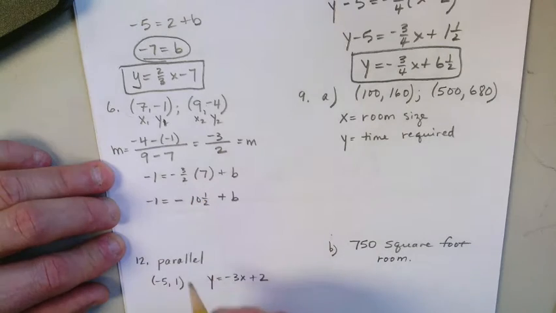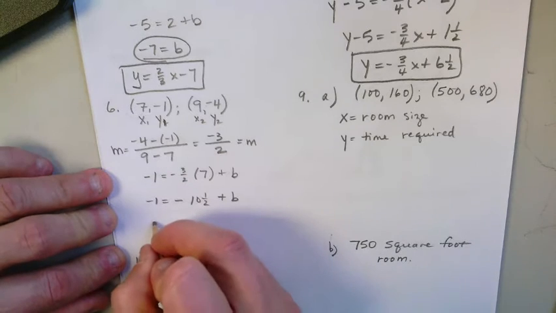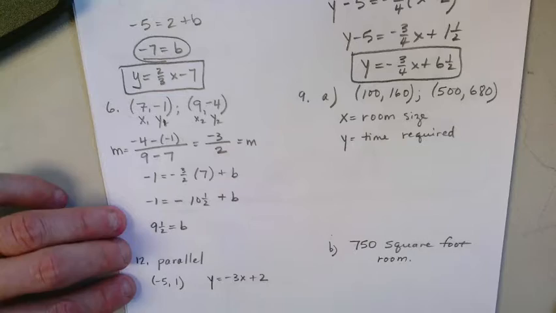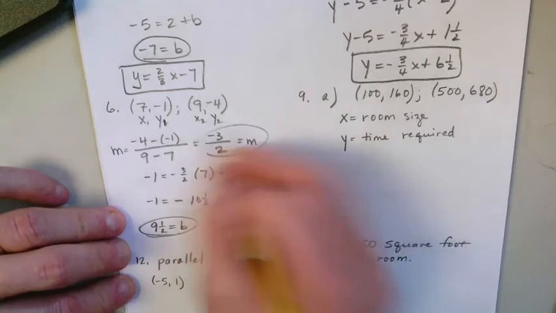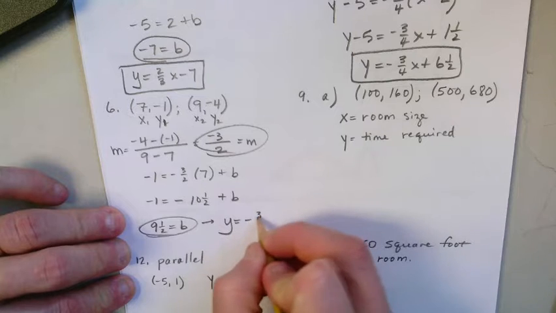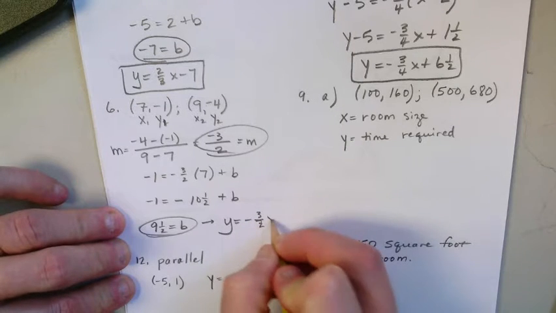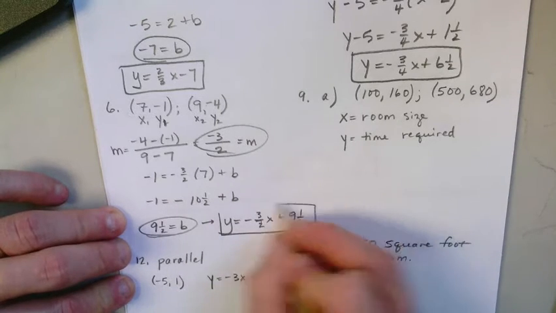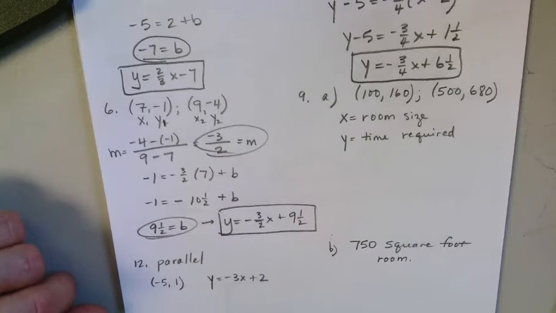And I'm going to add 10.5 to both sides, which gives me 9.5 as my y-intercept, okay? So remember, I have to put this back together in an equation: y equals mx plus b. A lot of moving parts there, so let's make sure that we get those down correctly, okay?